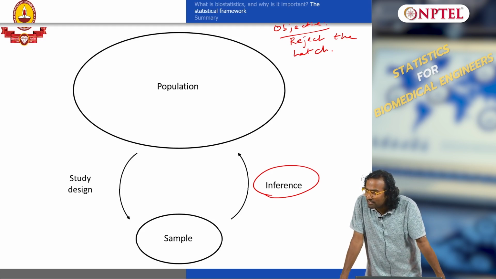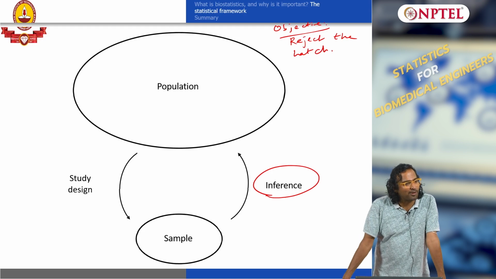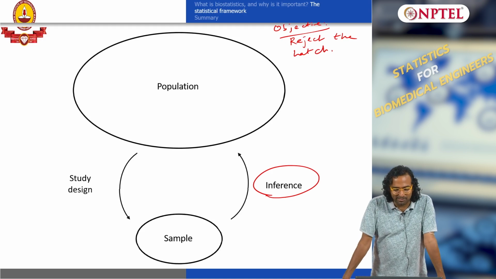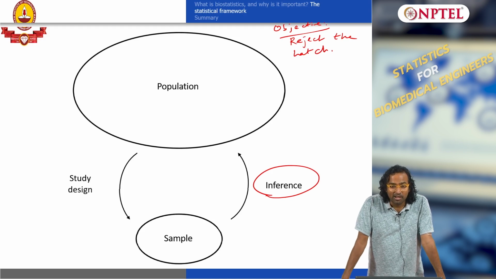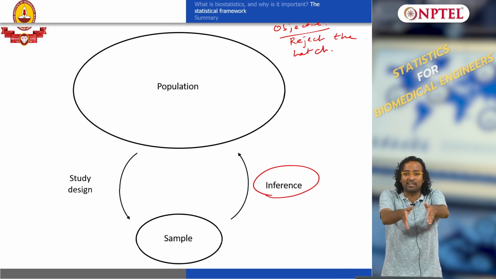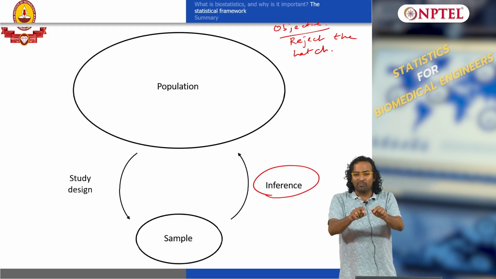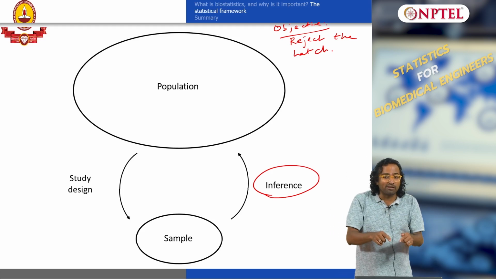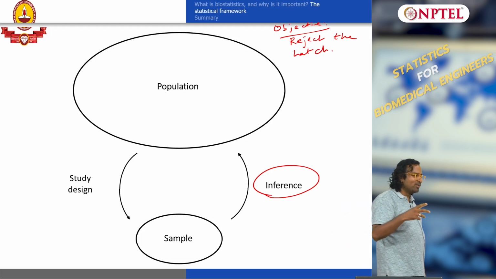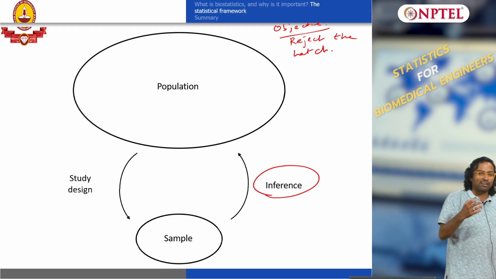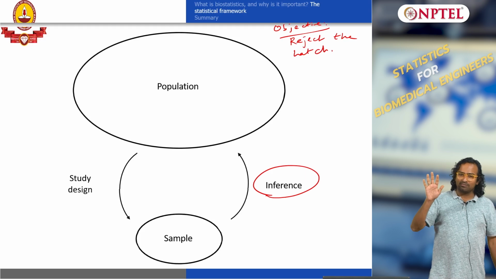So you have to put a lot of effort to reject the batch. Now you understand why my null hypothesis, no, I will not bring in the jargon, why my objective in clinical trials is to prove it is working, because you have to put a lot of work to make sure that it is working. You should achieve the objective with high confidence. Whatever you want to prove or disprove with high confidence, that is your objective.